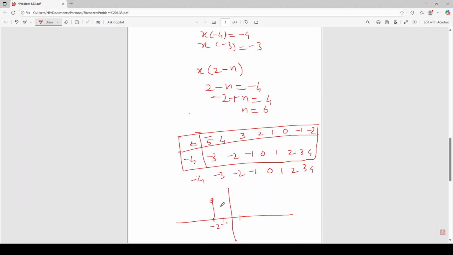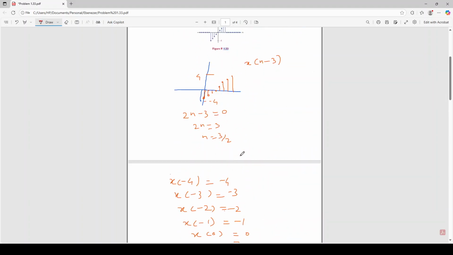For -1, it is plus 3. For 0, it is 2. And 1 is same as 1. For 2, it is 0. For 3, it is -1. For 4, it is -2. For 5, it is -3. For 6, it is -4. This is x[2 - n].